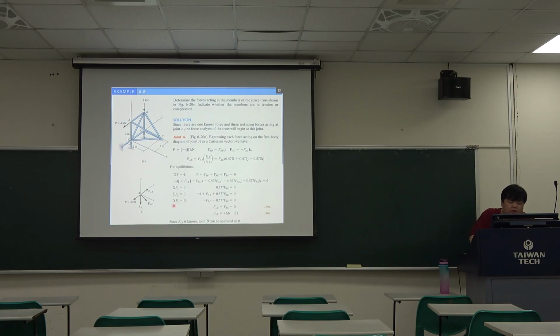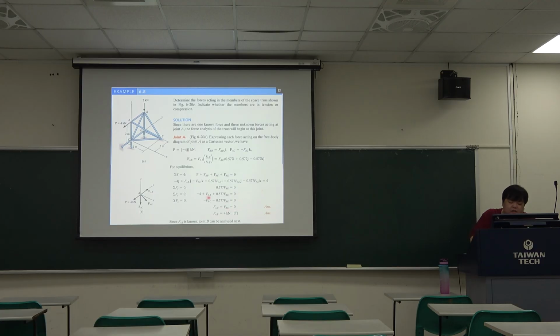And we can also do the summation Fz equal to 0, which means the sum of the k part is equal to 0. So we can find this equation. Then, because FAB is equal to 0, FAC is also equal to 0, and FAE is also equal to 0.